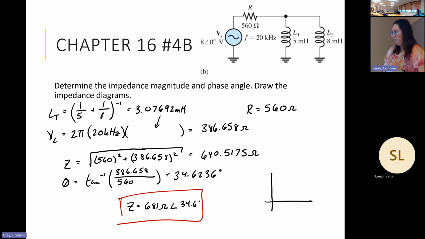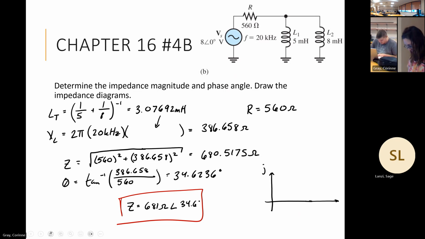So again, we should go through here and draw our diagram. So here we'll have the XL value to 387. This time, let's put the ohm symbols on it just to see what it looks like.